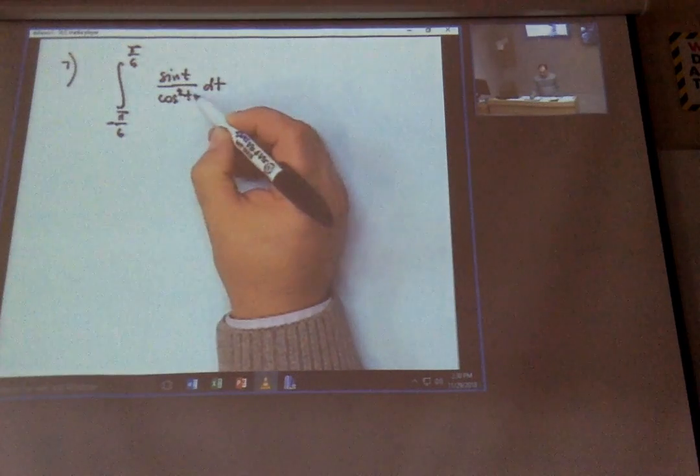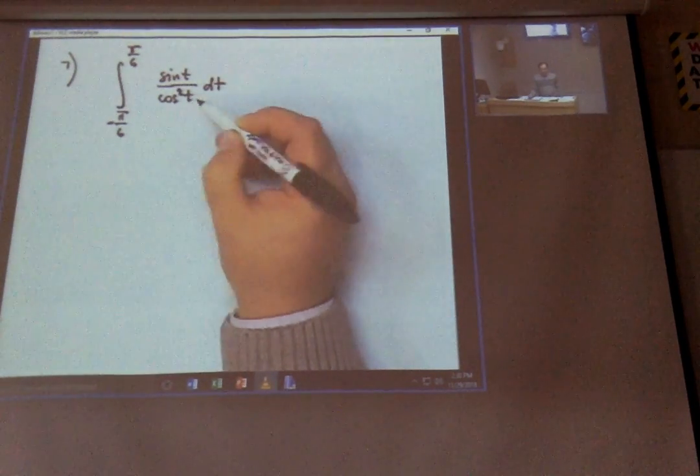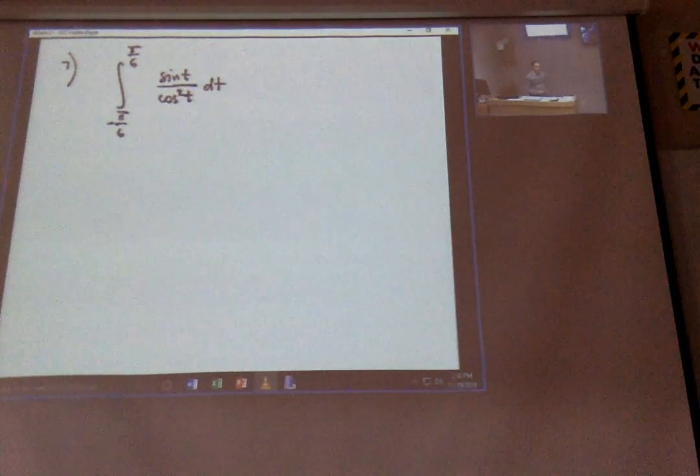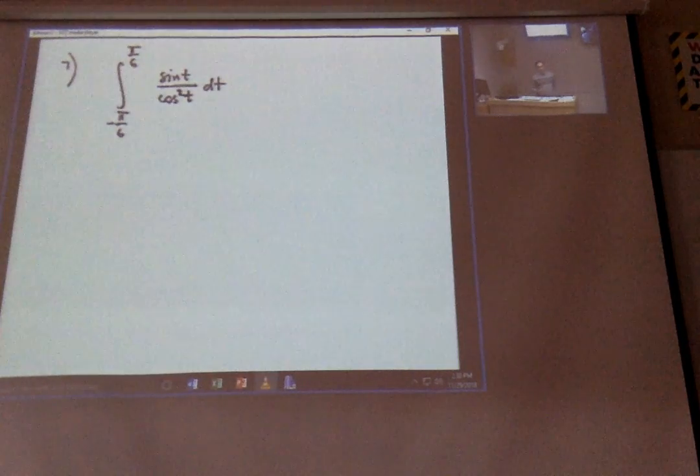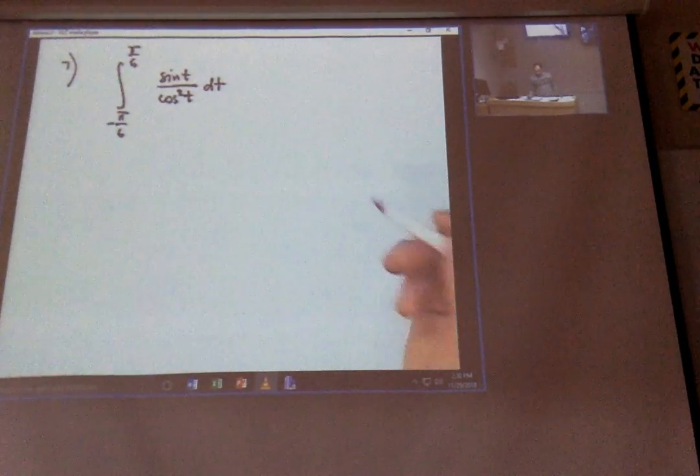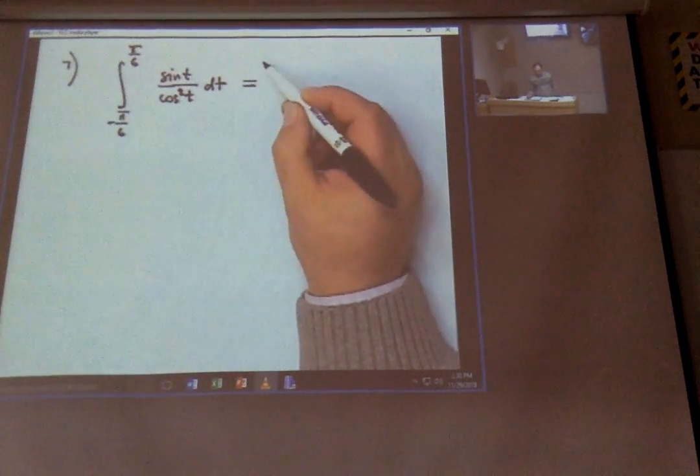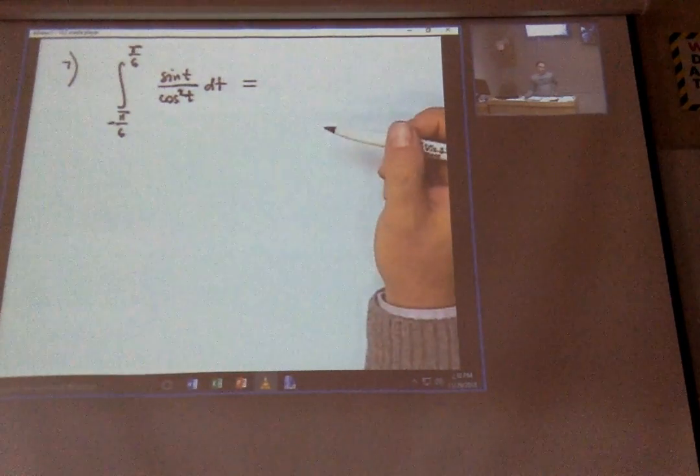With a definite integral, we still need the antiderivative, right? Because of the second fundamental theorem of calculus. So what do you think we go with here?